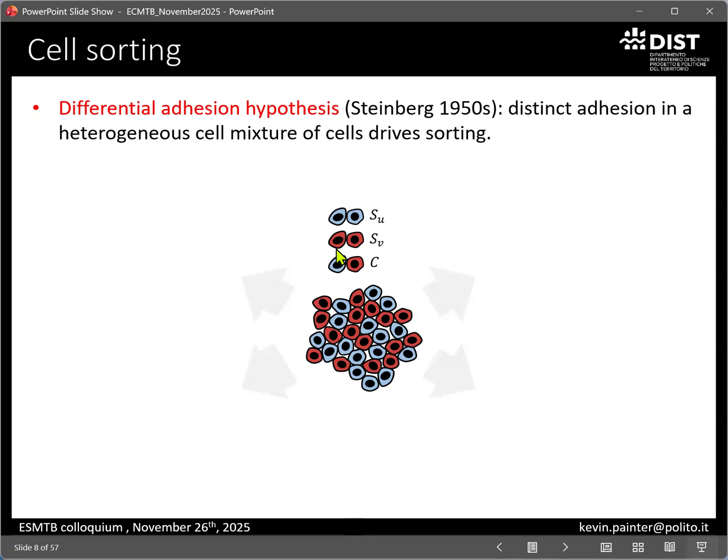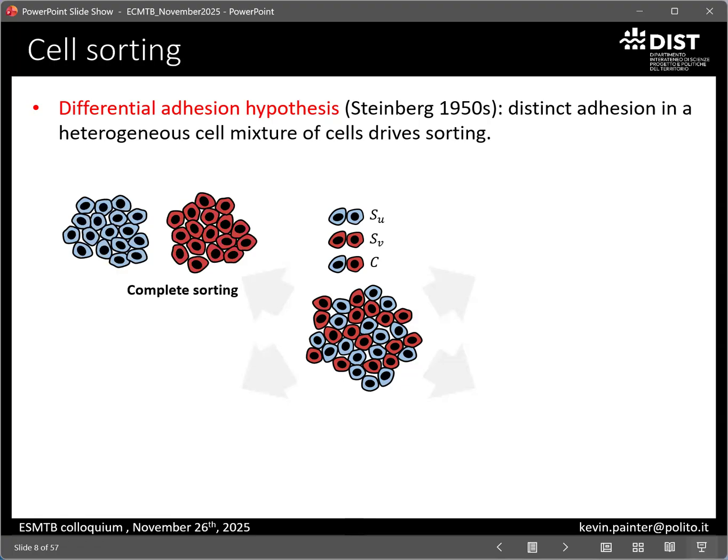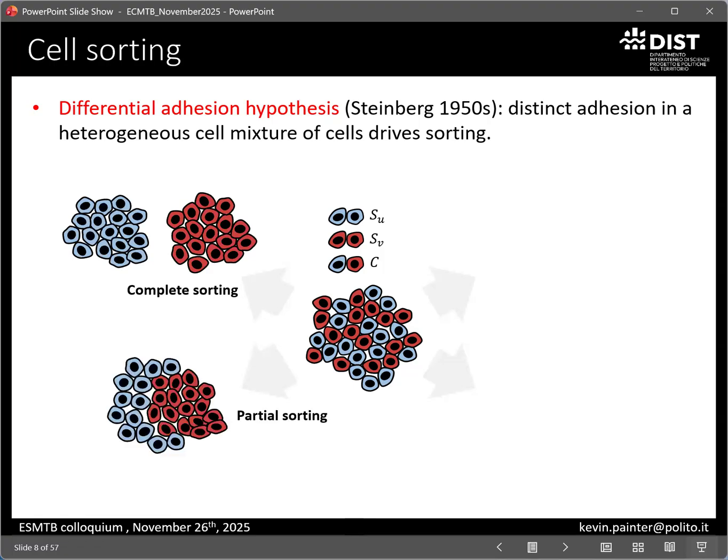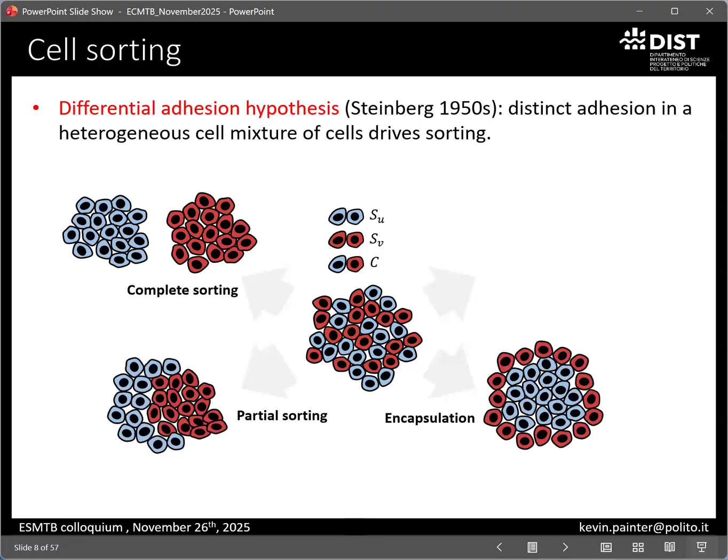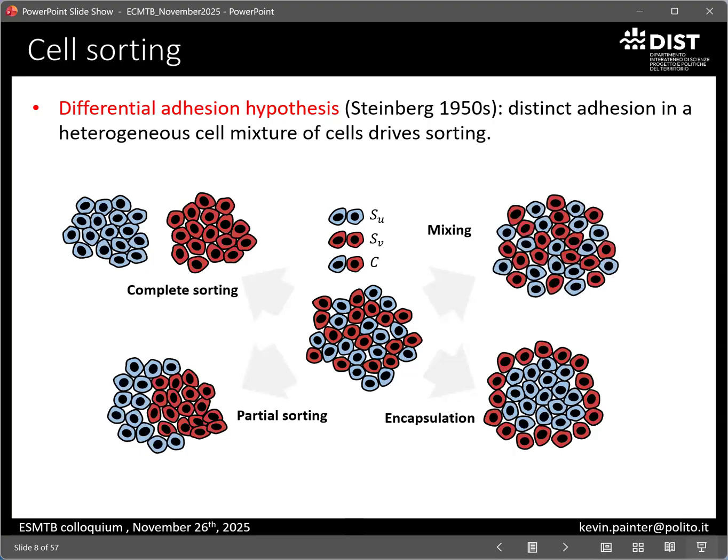In the differential adhesion hypothesis, it predicts that you will get a range of different sorting behaviors, from a complete sorting of those two populations into two separate groups, to partial sorting, to the encapsulation that we saw in the previous picture, to a completely heterogeneous mixing of these populations.